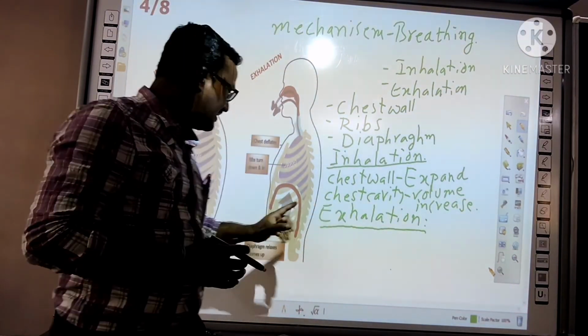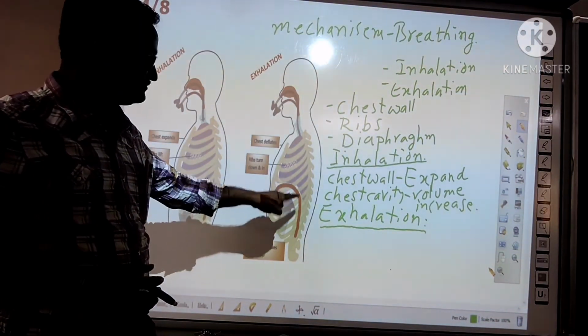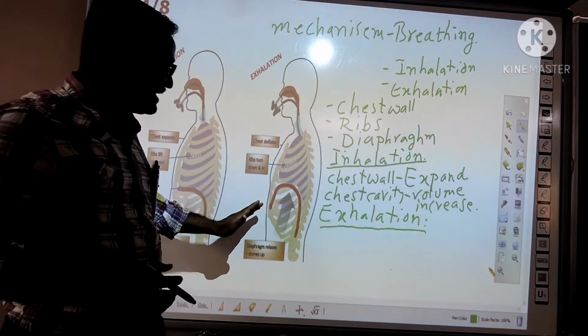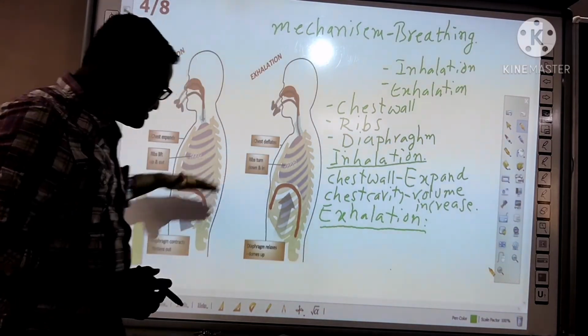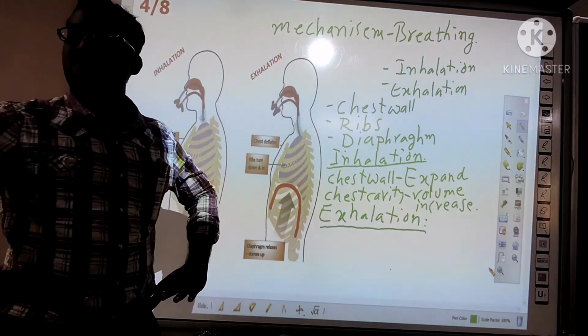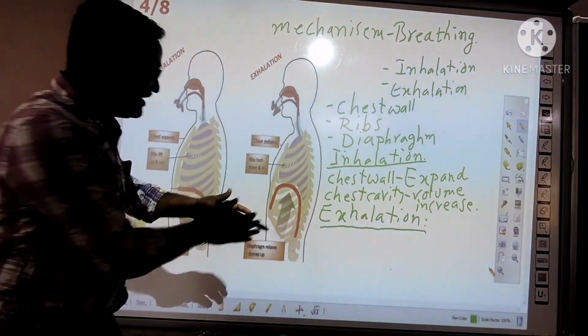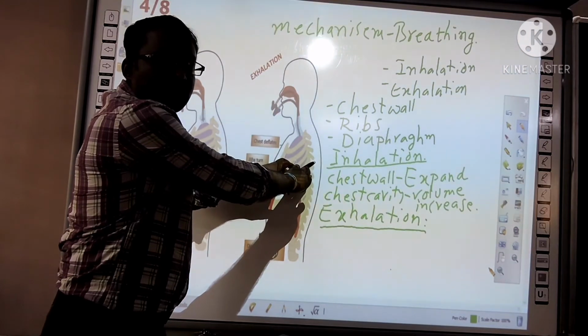And moreover, importantly, you see the change in the shape of the diaphragm. It relaxes. Whenever the diaphragm relaxes, it gets the dome shape. In inhalation, the diaphragm moves downward. In exhalation, the diaphragm moves upward. So whenever it moves upward, it applies pressure on the lungs.